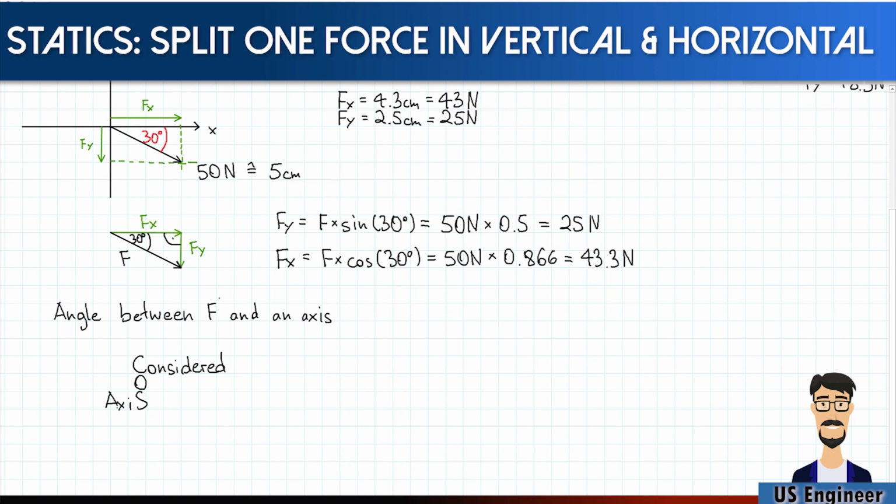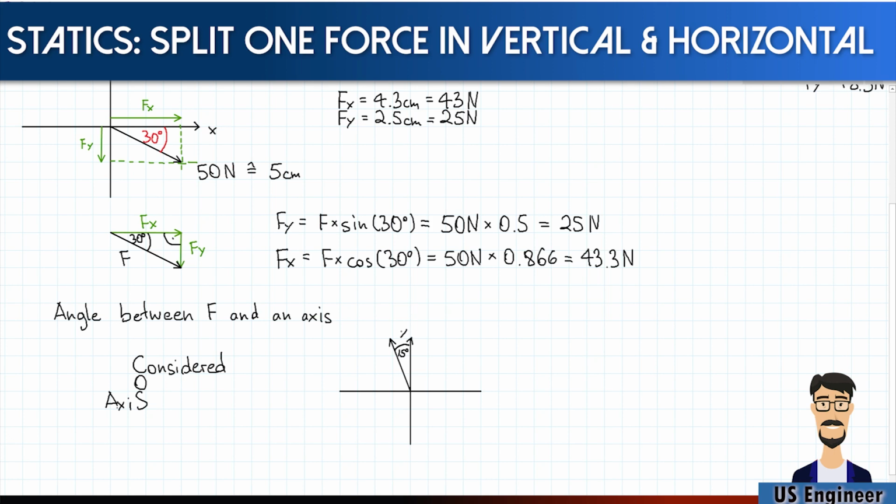And let me show you an example on how you can apply this mnemonic. So if I have a coordinate system and I have a force which has a magnitude of 50 Newton as well, okay, and I'm gonna draw that force at an angle of just 15 degrees towards the y-axis.